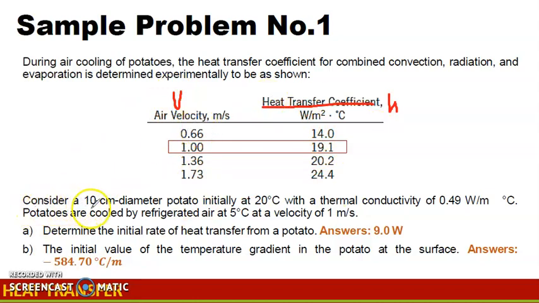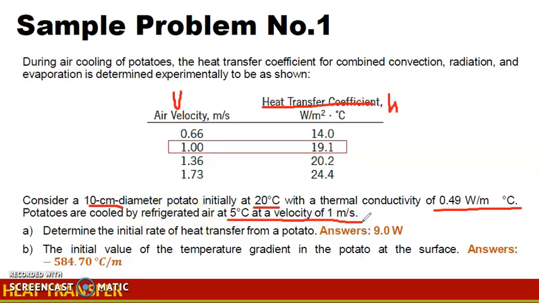Consider a 10 cm diameter potato, initially at 20 degrees Celsius. The thermal conductivity of potato is 0.49 watts per meter degree Celsius. Potatoes are cooled by refrigerated air at 5 degrees Celsius at a velocity of 1 meter per second.